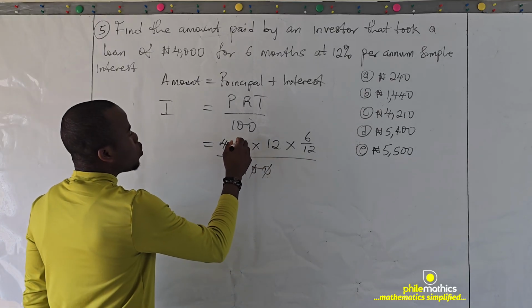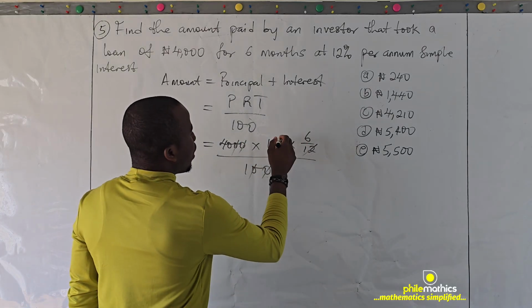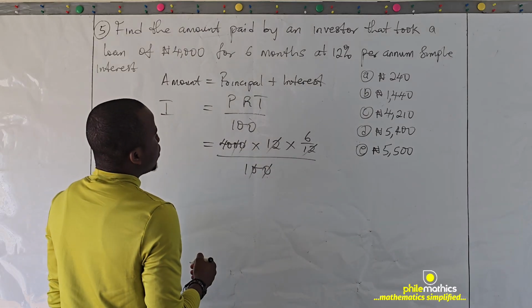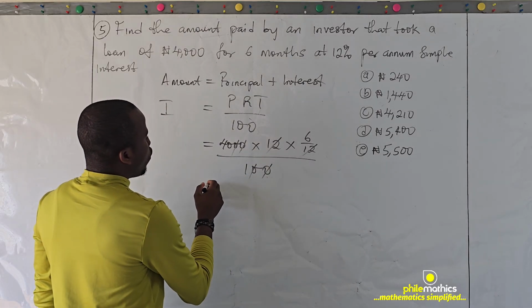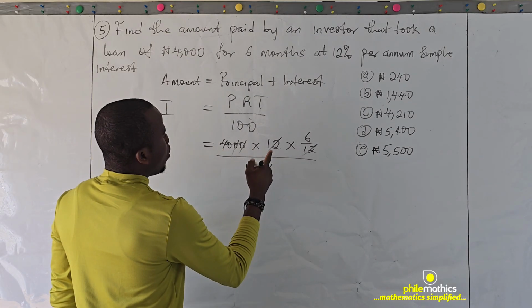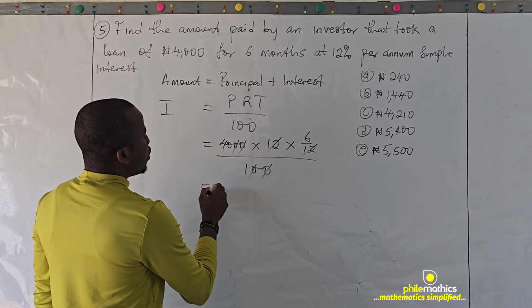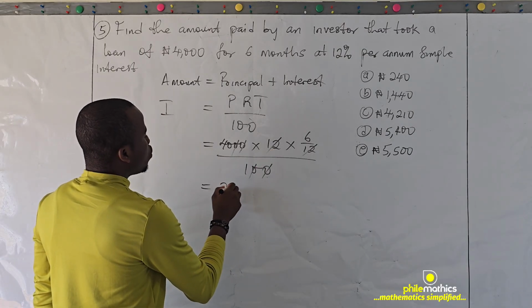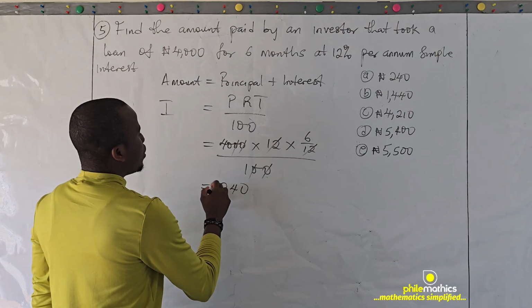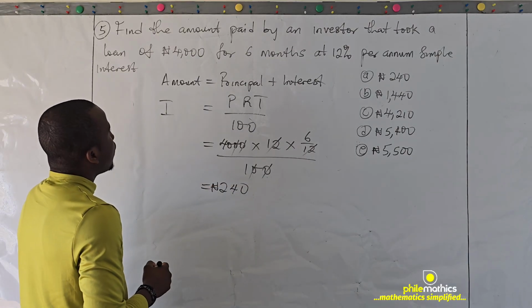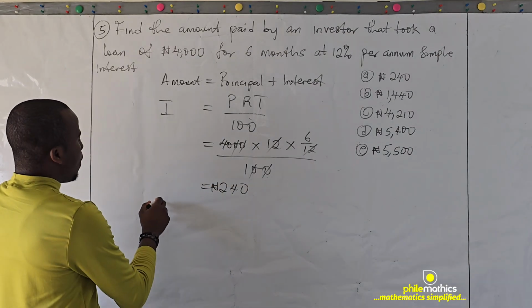This can cancel this, 12 can cancel this, and 40 times 6 is 240 naira.